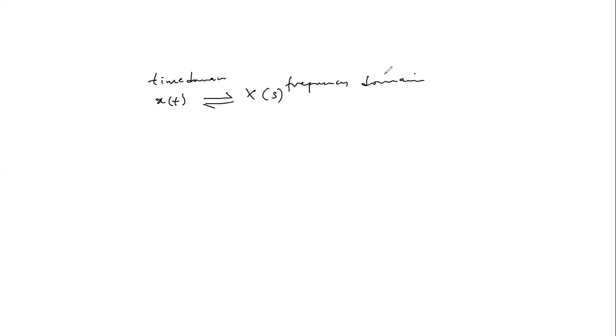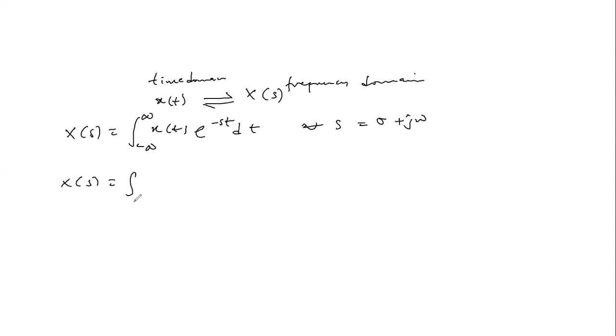So let's assume we are given S(s) to be the integral from negative infinity to positive infinity of s(t) e^(-st) dt, such that for all values of s being the same as sigma plus j omega. So S(s) is the integral from negative infinity to positive infinity of s(t) e^(-(sigma + j omega)t) dt.